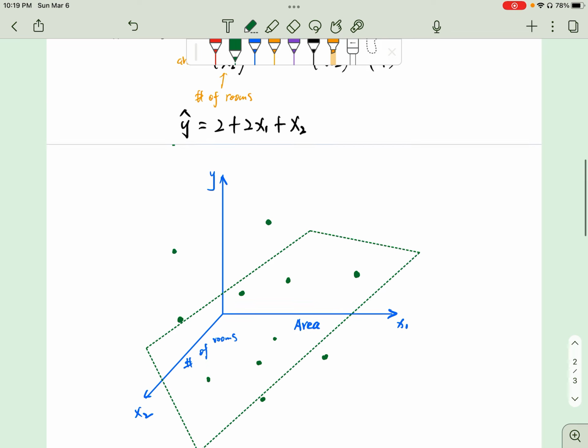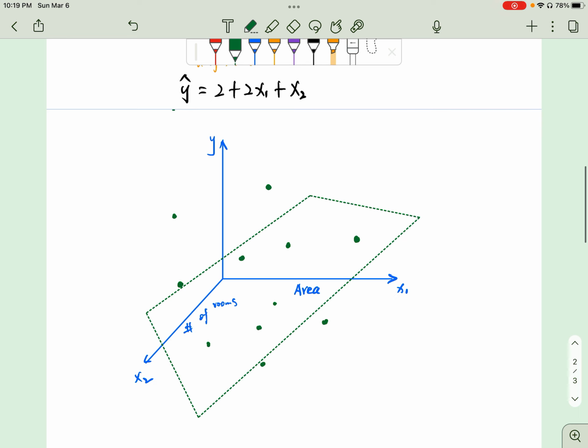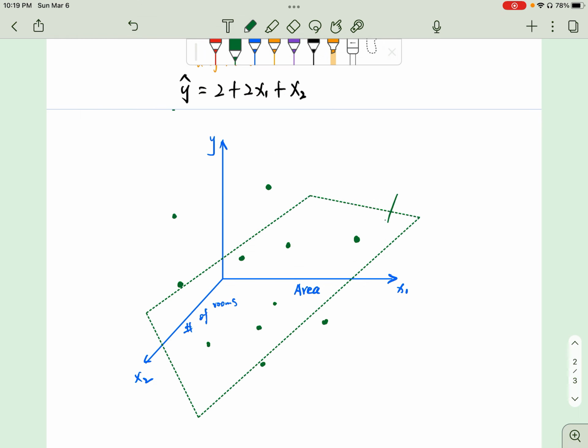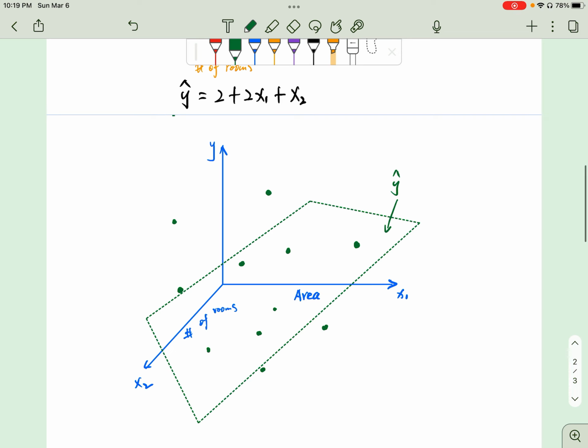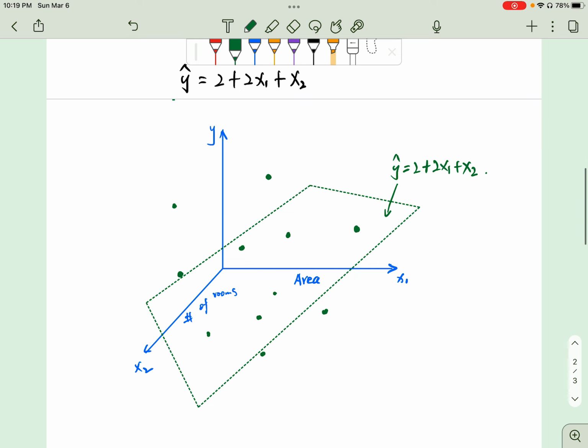So this is the model we just defined. And we can clearly see, if we want to visualize it, this is a plane.